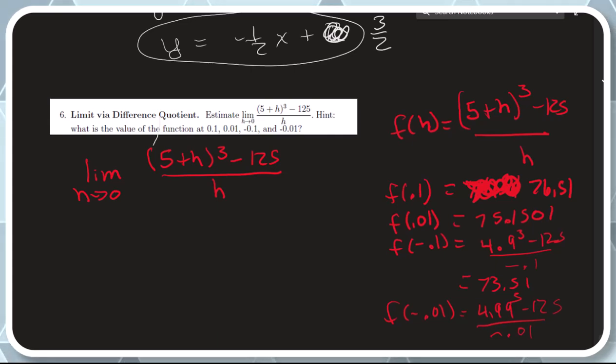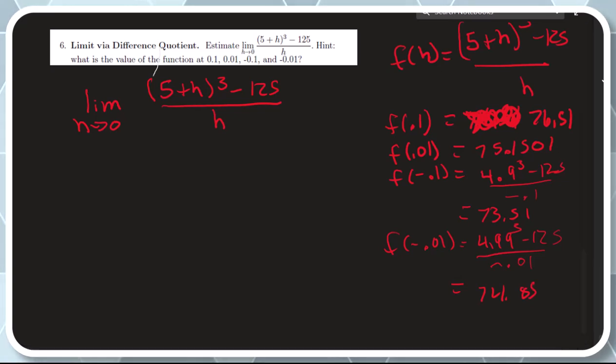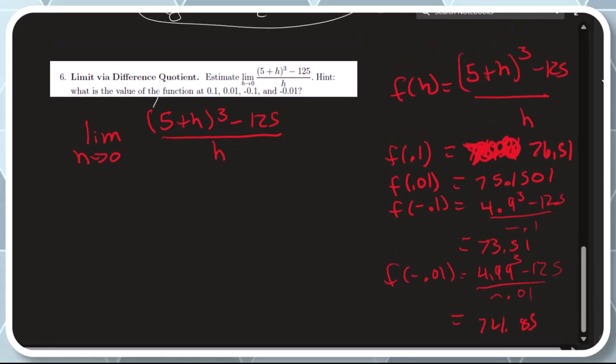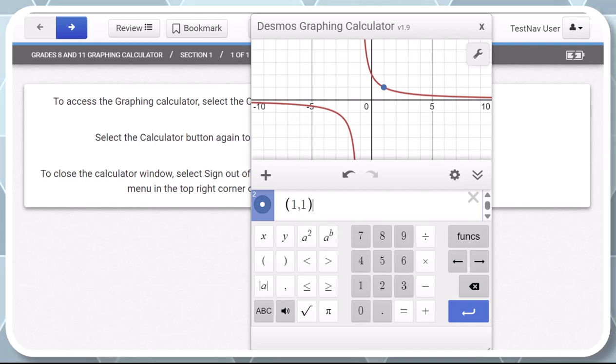I get 74.85. So what we're trying to find out is, and then if we look at a graph of this function, let's graph it.